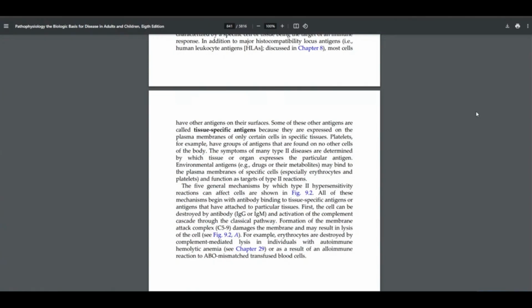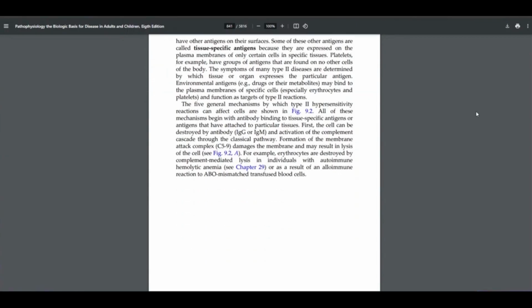Formation of the membrane attack complexes C5 through 9 damages the membrane and may result in lysis in the cells. For example, erythrocytes are destroyed by complement-mediated lysis in individuals with autoimmune hemolytic anemia, or as a result of alloimmune reactions to ABO mismatched transfused blood cells.